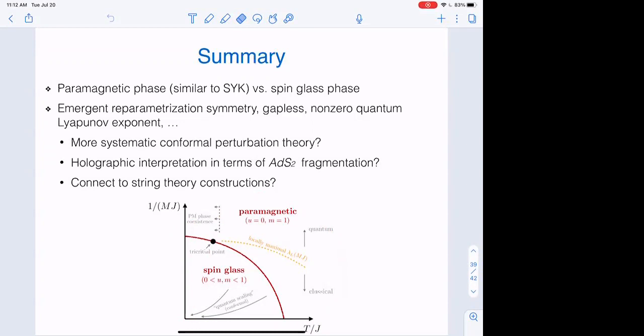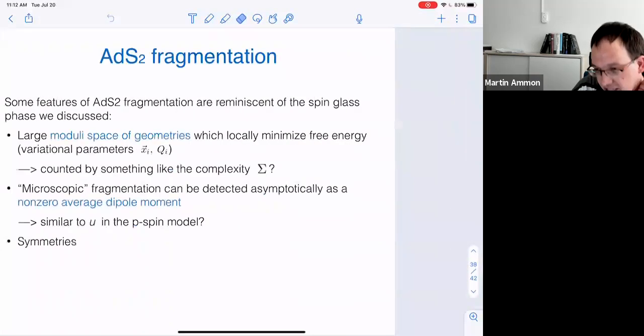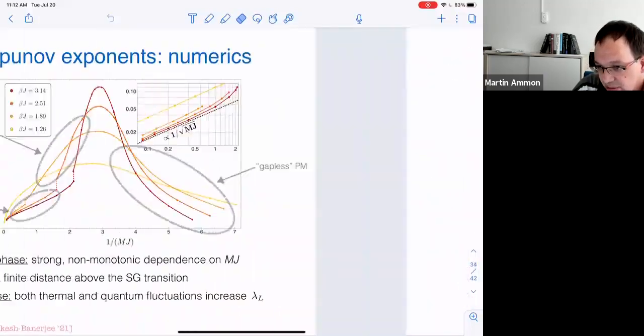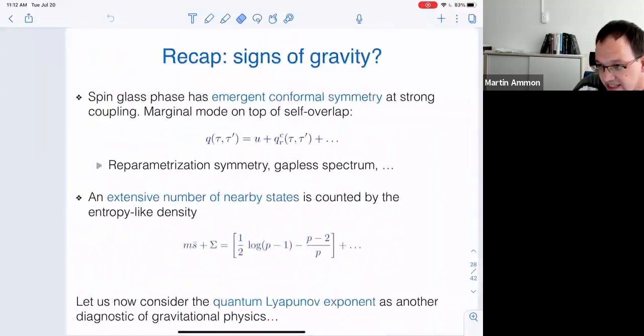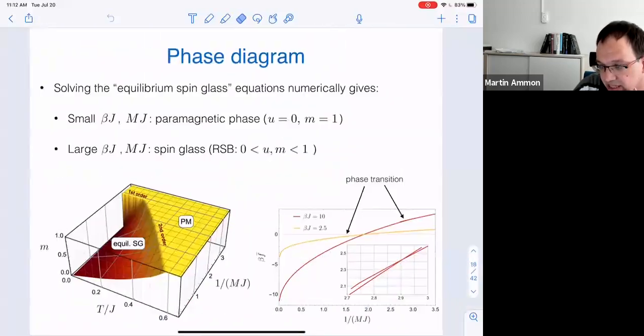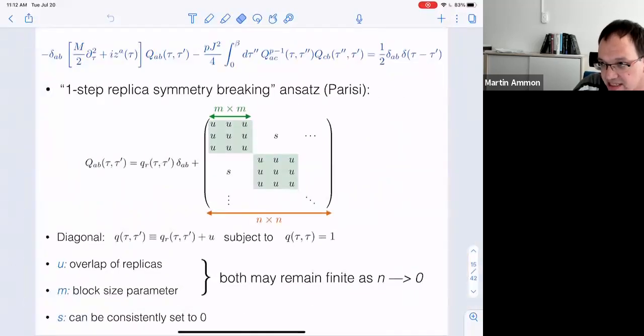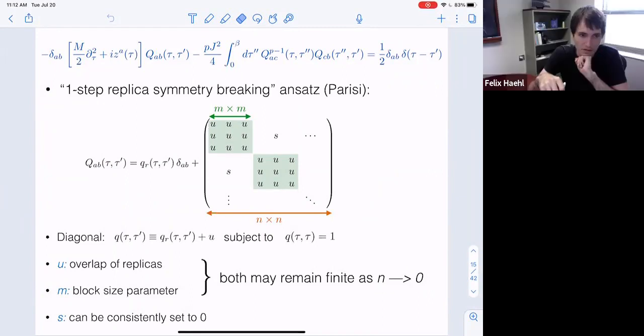So let me jump ahead. In this one-step replica symmetry breaking ansatz, you argued that you can set this S to 0. I really didn't get it. Did you also put it into your Schwinger-Dyson equation and see that you can really self-consistently set it to 0, or what is the argument? That's right. There's an equation for that, and you can self-consistently solve it.